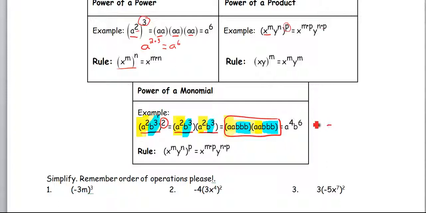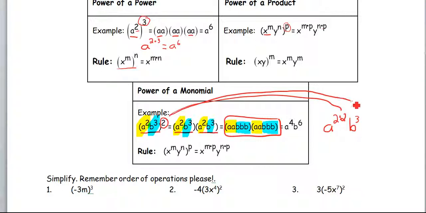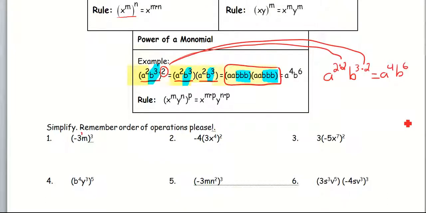That's saying it's a squared, and then we have the times 2, and then it's b cubed, and that's also times 2. So 2 times 2 for the a is a to the 4th. b, 3 times 2 is to the 6th. So that's the easy way to get it.